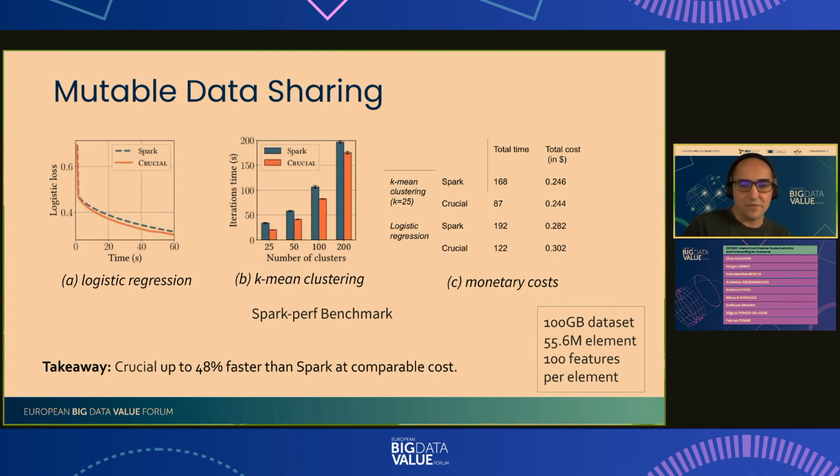So with two of the use cases that we've tested here, logistic regression and k-means clustering, we observed significant improvements, and as you can see in the table, the cost stayed virtually the same.